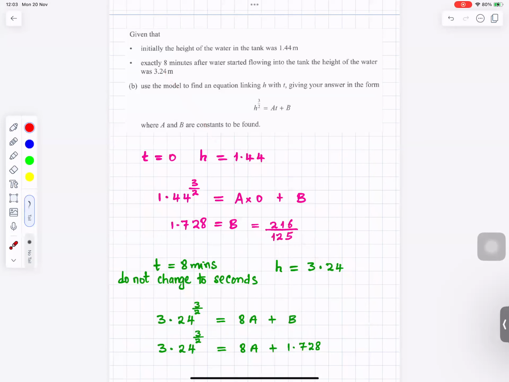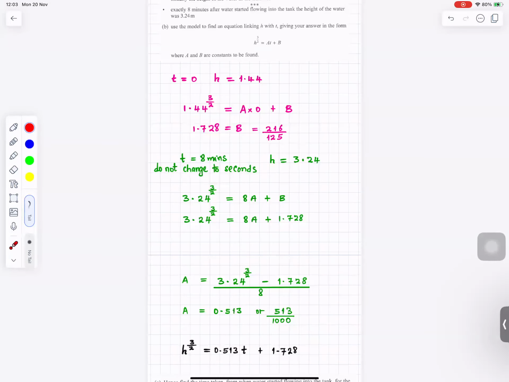But we know what b is. b is 1.728. So substitute for b, and then you rearrange it. 3.24 to the power 3 over 2 minus that, divided by 8, you get a. So a is 0.513. So you can write your equation as h to the 3 over 2 equals 0.513 times t plus b.